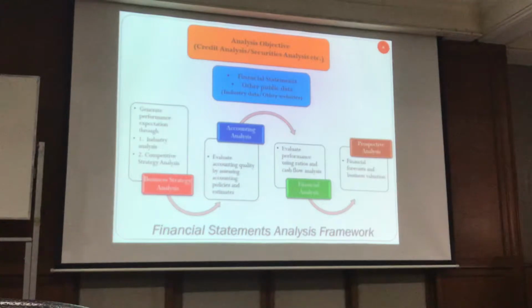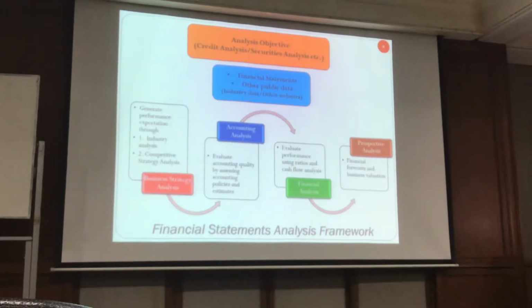In terms of outside sources, you have other websites or industry data. For example, you can go on the Bank of Thailand website to check out the interest rate, or check out the inflation rate, and try to put everything together. How does it affect your analysis? And then you get all those things together.